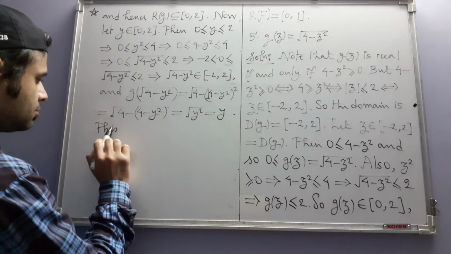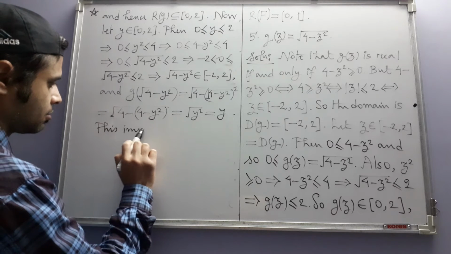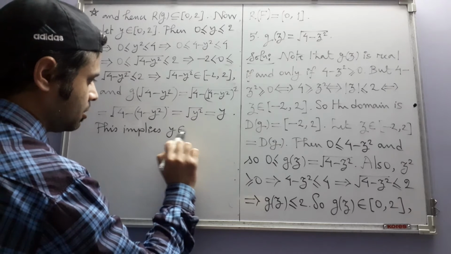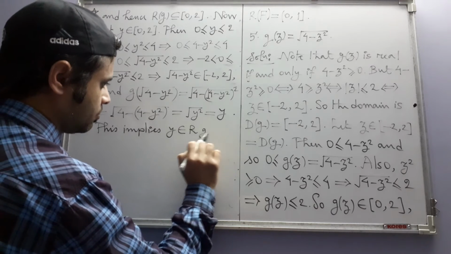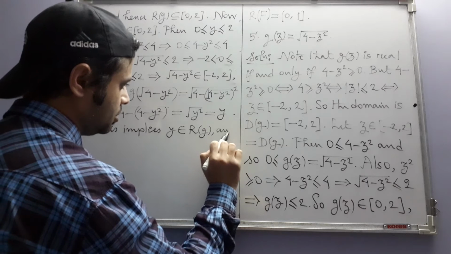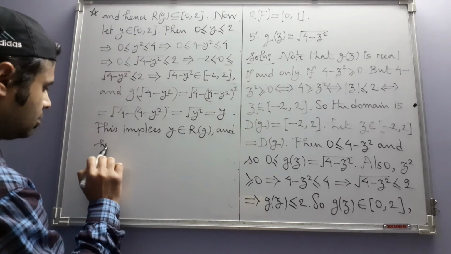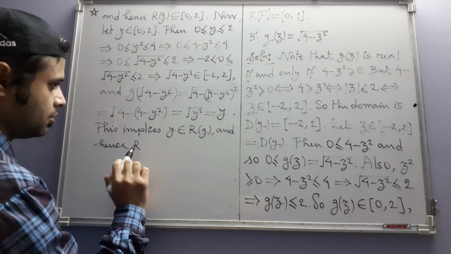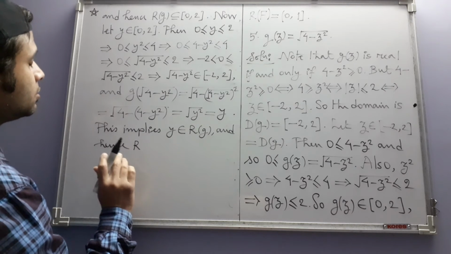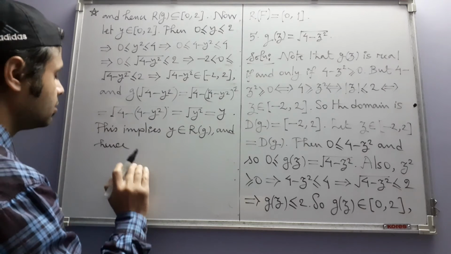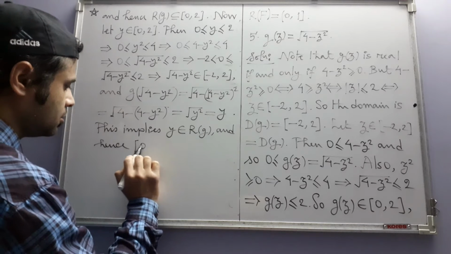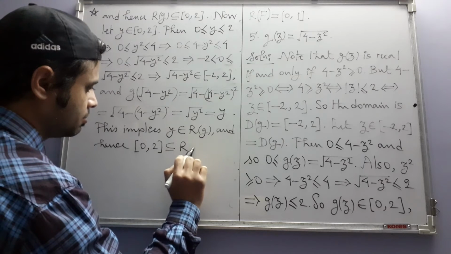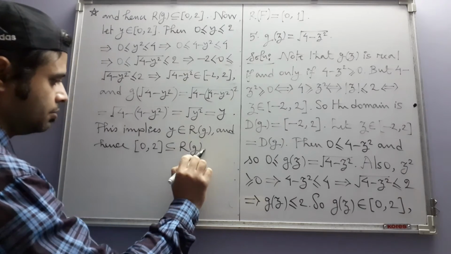This implies that y belongs to the range of g, and hence the range of g. Okay, fine. So that means 0 comma 2 is contained in the range of g.